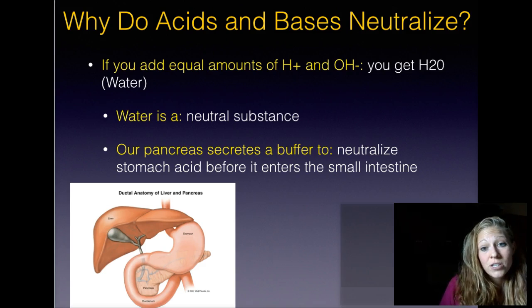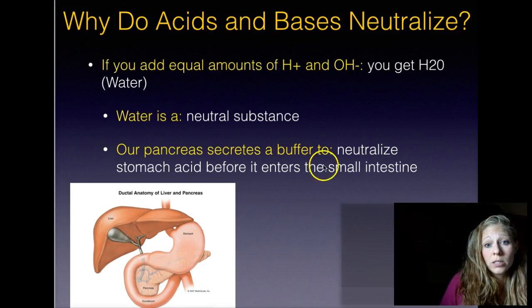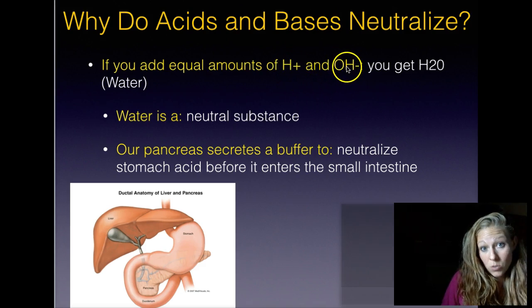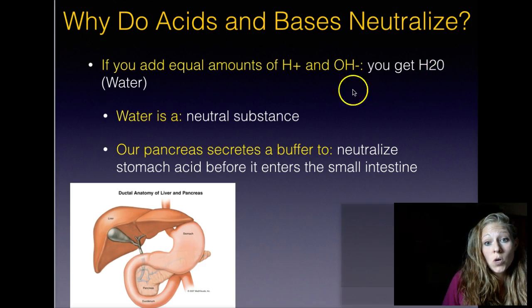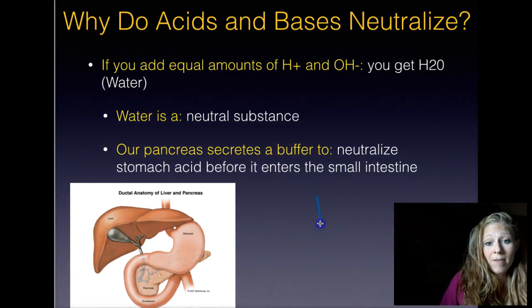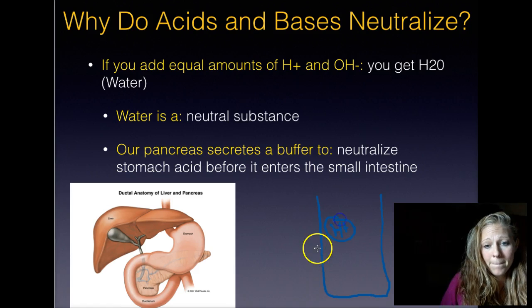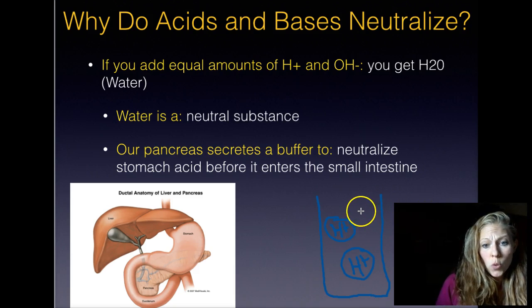If you combine a hydrogen and a hydroxide, or an acid and a base, then you get water. Let's look at this. Because the H positive and the OH negative are going to be attracted to one another, you would get H2O. Let's look at this on a molecular level. If we have in this glass an acidic solution, and let's put a couple more hydrogen ions, so we have an acid here.